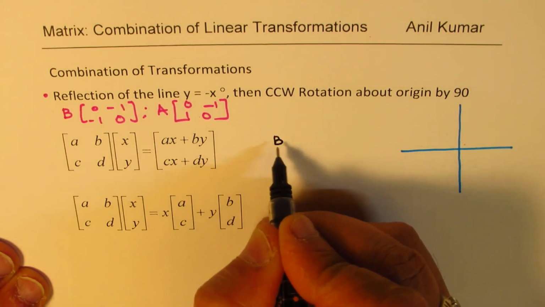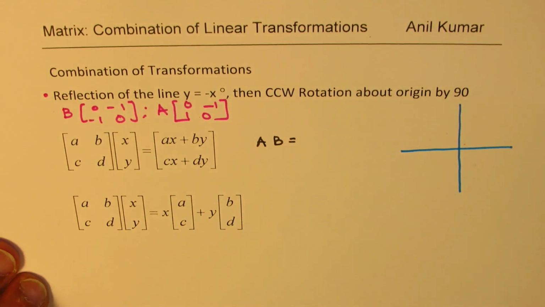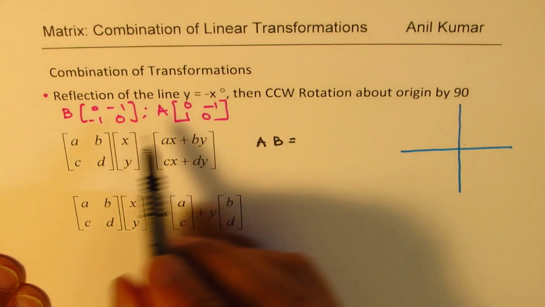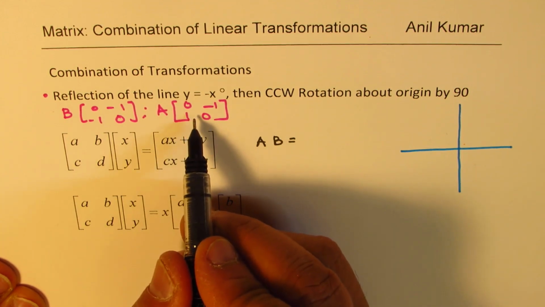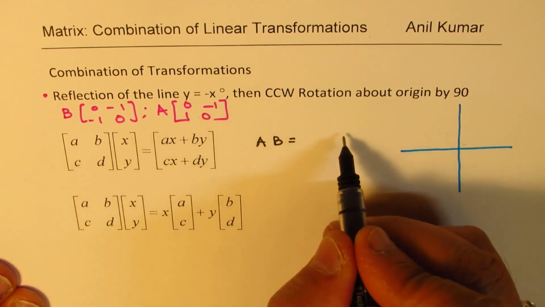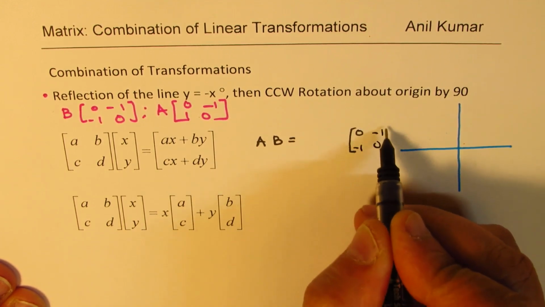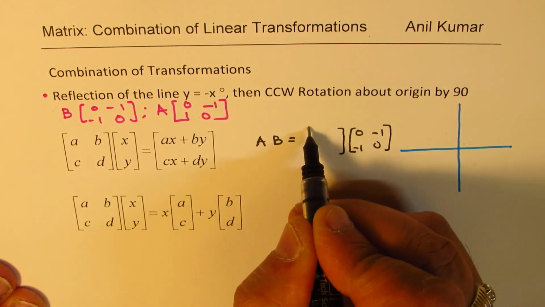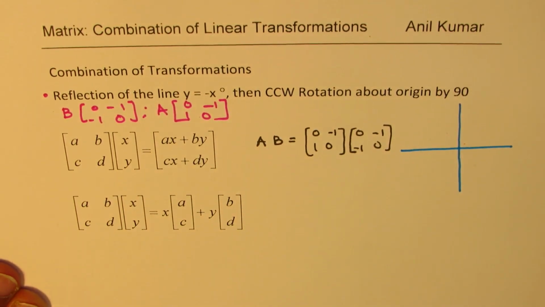So first we are doing B and over B we are doing A. That is what the sequence is. So basically, this operation is being performed and over that the other operation is being performed, right? So first we'll do B, which is 0, -1, -1, 0, and then we'll do A, which is 0, -1, 1, 0. Does it make sense to you?